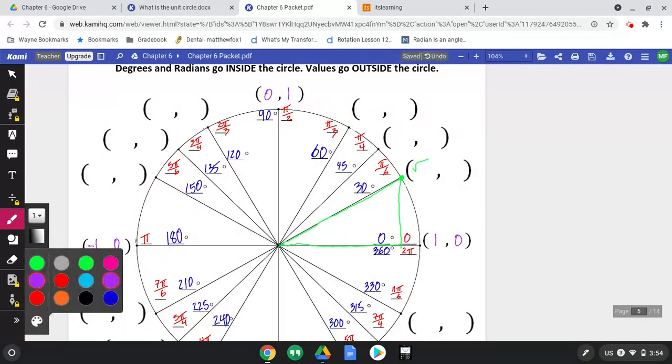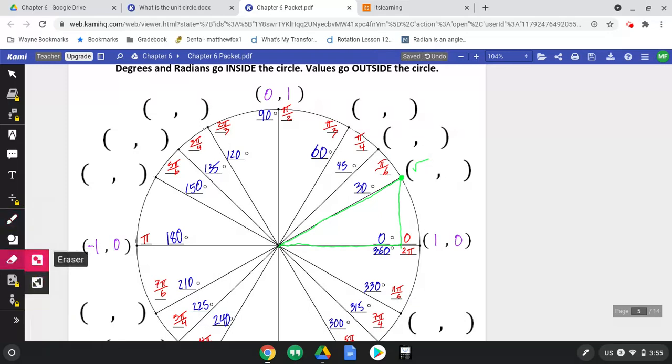Let me switch back so you can see it a little better. So square root of 3 over 2. And meanwhile, this length right here is just 1/2. Okay, so once again, we proved that during geometry. If you'd like to talk more about that, let me know. I'd be happy to go over that with you.